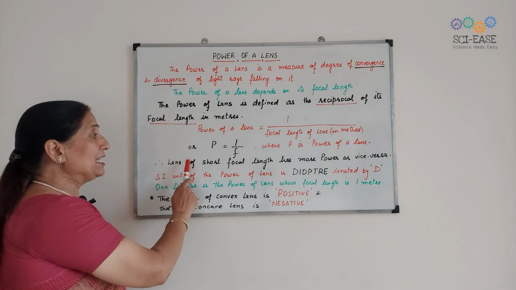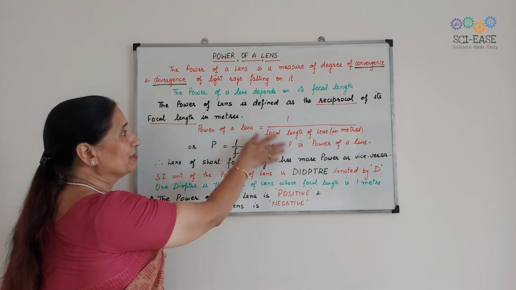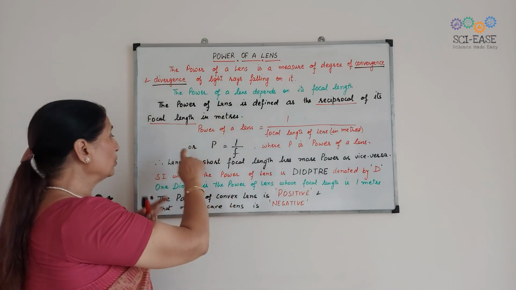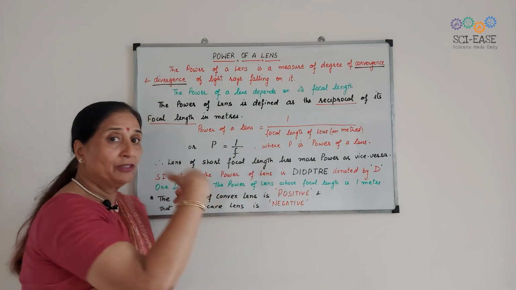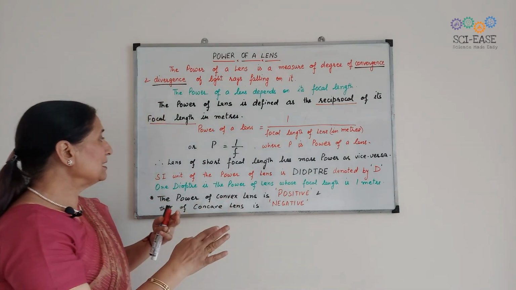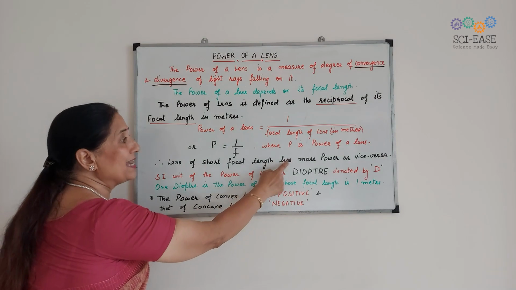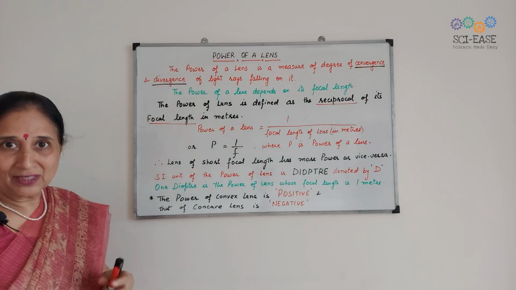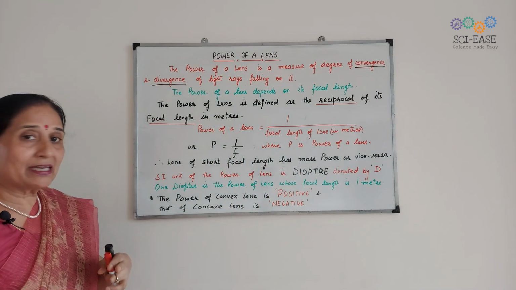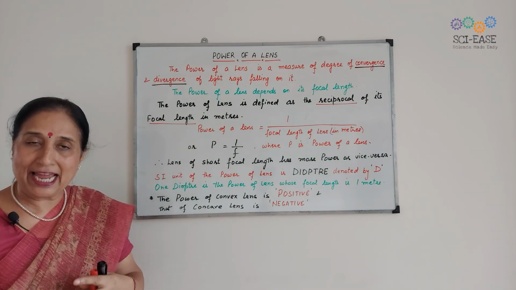Therefore, because it is inversely proportional, a lens of short focal length will have more power, or vice versa. Means a lens of long focal length has less power. Okay? I think this must be clear to all of you. P is equal to 1 by f.